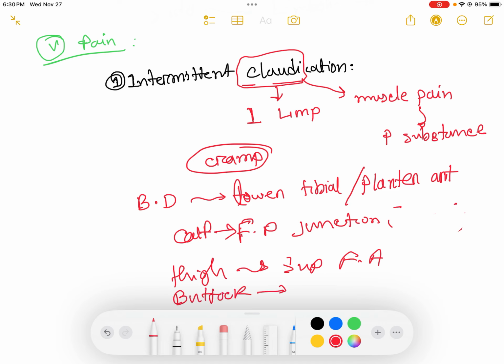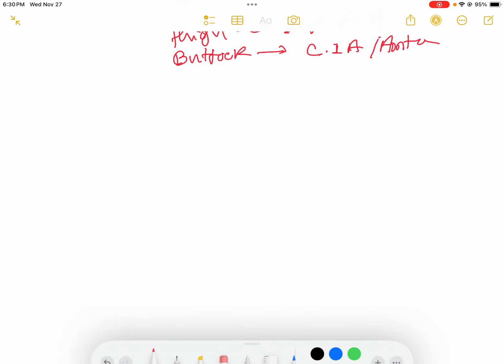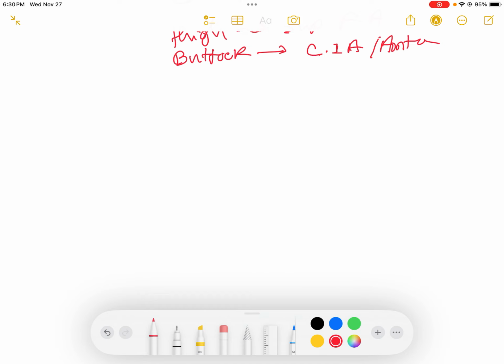The pain develops only when the muscles are working. The pain disappears when the exercise stops. The patient often complains that after walking a distance, called the claudication distance, the pain starts.